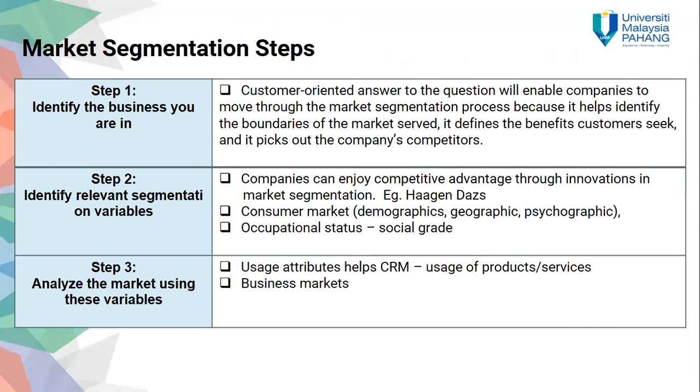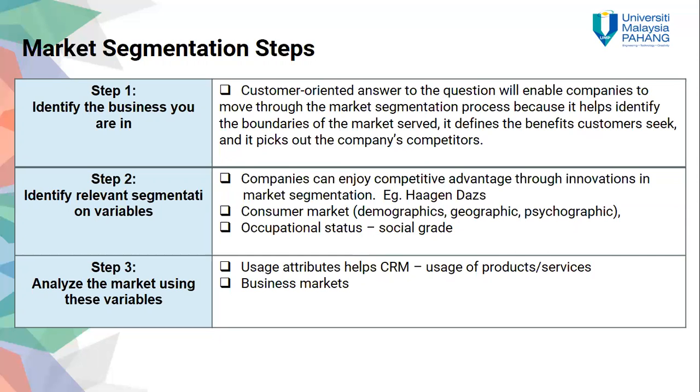So these are the market segmentation steps. We have 3 steps. First, identify the business you are in. Then identify relevant segmentation variables and analyze the market using these variables. So it is customer oriented. Basically, in the first step, you look at how the customers view the benefits that you want to offer to them.